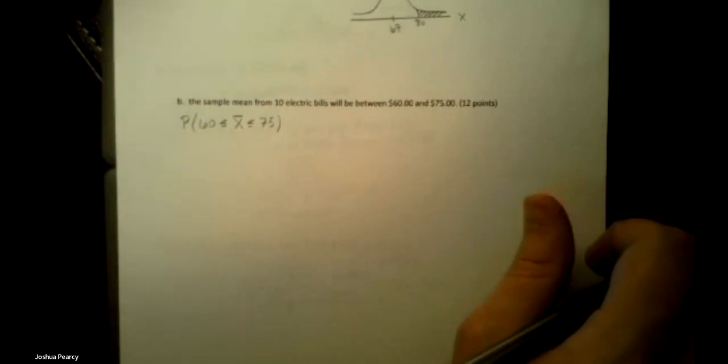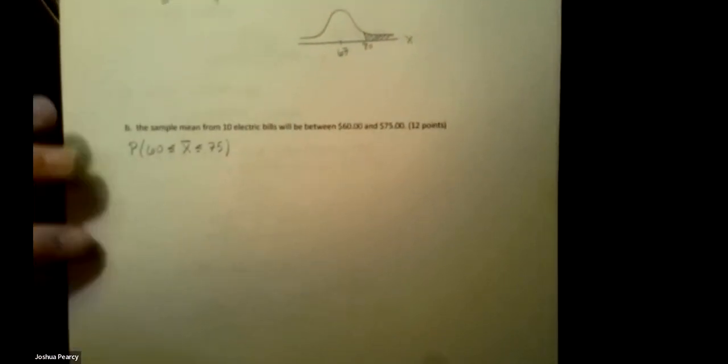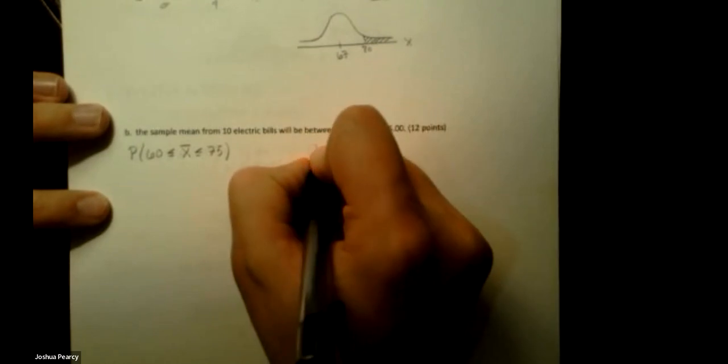Now, in this case, the distribution of the sample means is going to be a little different. It'll have a different parameter value. In the first part, the electricity bills were distributed normally with mean 67 and standard deviation 9. In the second part, we're looking at the distribution of X bar.